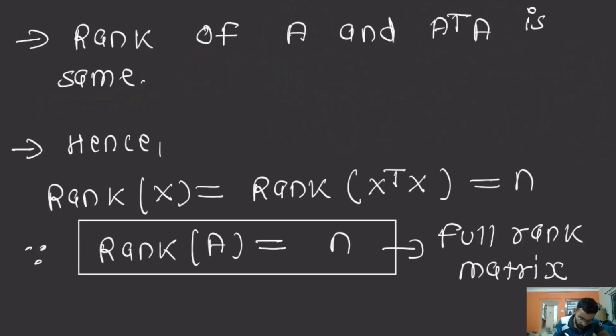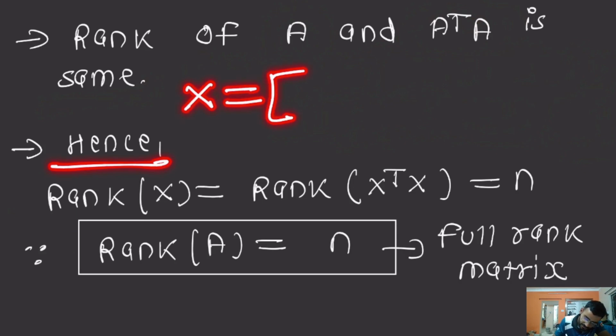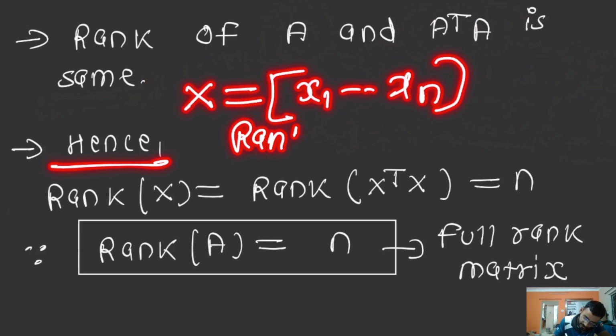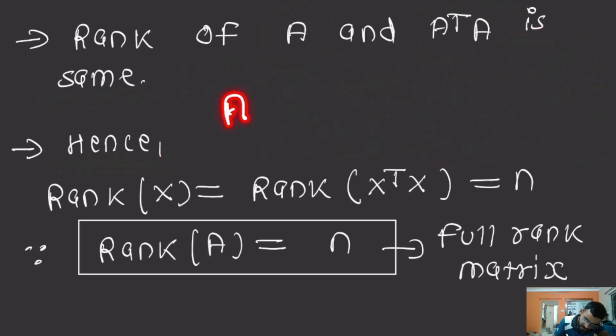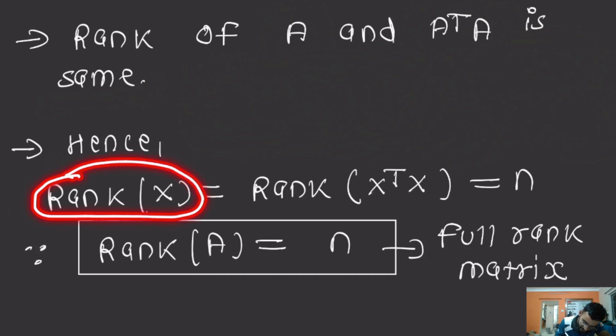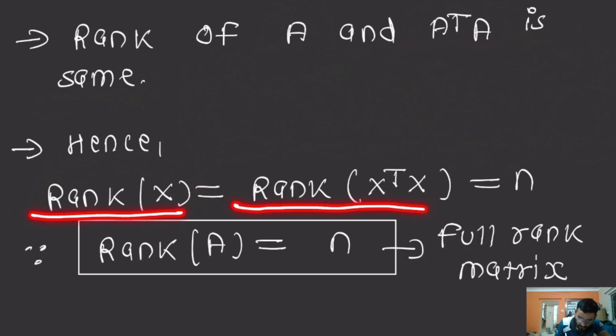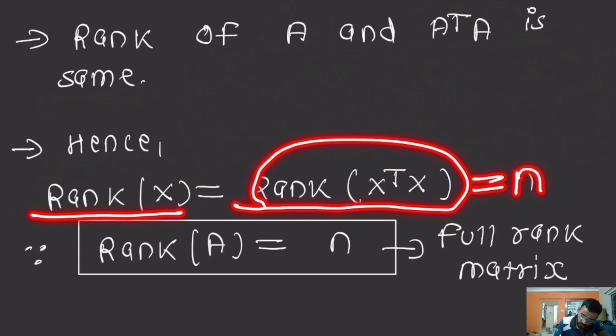Okay, so now we have taken capital X equal to this matrix, and the rank of capital X is n, because all the columns are linearly independent. And A is equal to X transpose X. Now we have rank of X equal to n, and we know that the rank of A and A transpose A is the same, which means the rank of X and the rank of X transpose X are also the same, both equal to n.